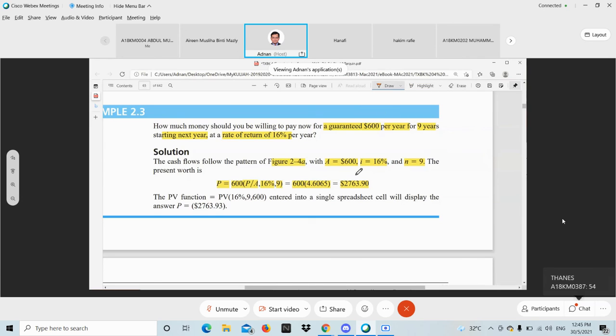So sebenarnya dalam tempoh 9 tahun ni, you dapat setiap tahun 600, you sebenarnya memperoleh, okay, 5,400. Okay, tapi yang kita perlu ada adalah 27 sahaja. Oleh kerana growth yang 60%, kita mampu mendapat pulangan 600 setiap tahun.